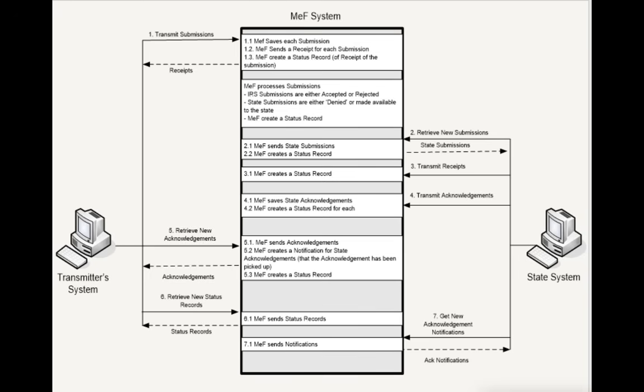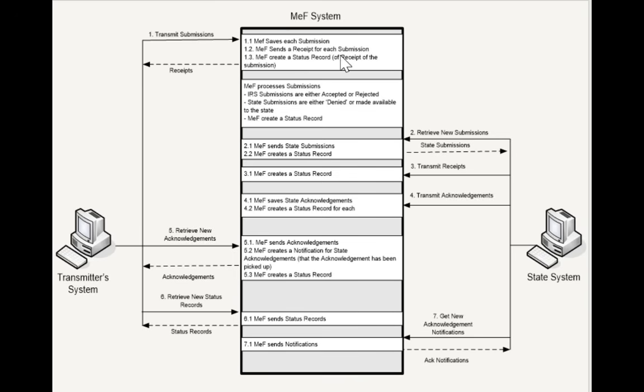This flow chart shows the interaction between the transmitter system and MEF on the left hand side, and between the MEF and the state system on the right hand side. Once the transmitter sends the transmission to the MEF system, in step one, the MEF saves each submission.